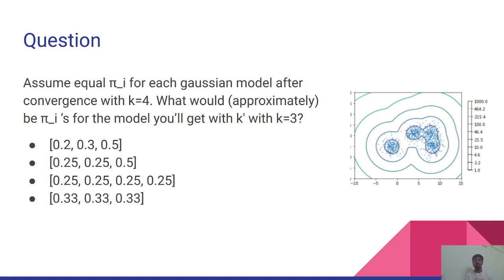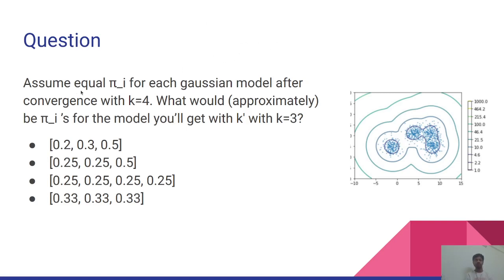Equal pi i means we are considering that each of the clusters has an equal number of points. So the sum of pi i is equal to 1, because this is the probability of belonging to all the clusters. The summation over i of pi of i equals 1.